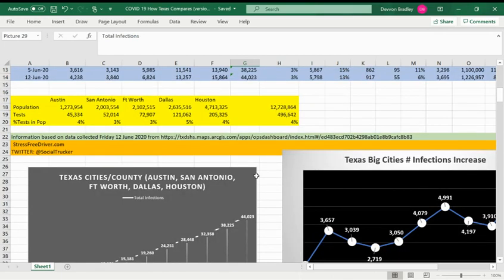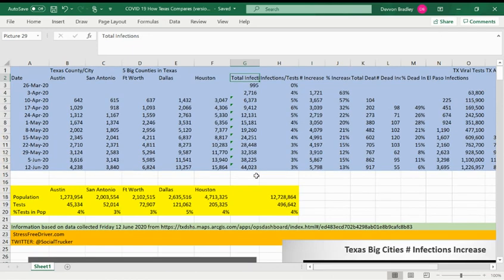And if we come back up to the data, percentage increase, let's look at how I figured that out. It's G4 minus G3. That's the number increase. And the percentage increase is I4 divided by G4, and then it would just be I5 divided by G5.